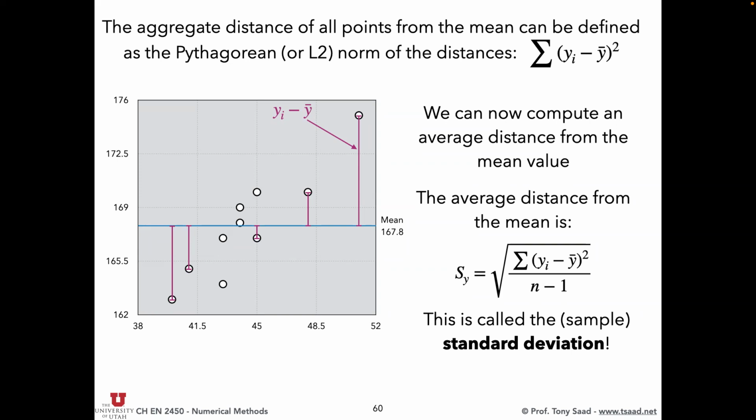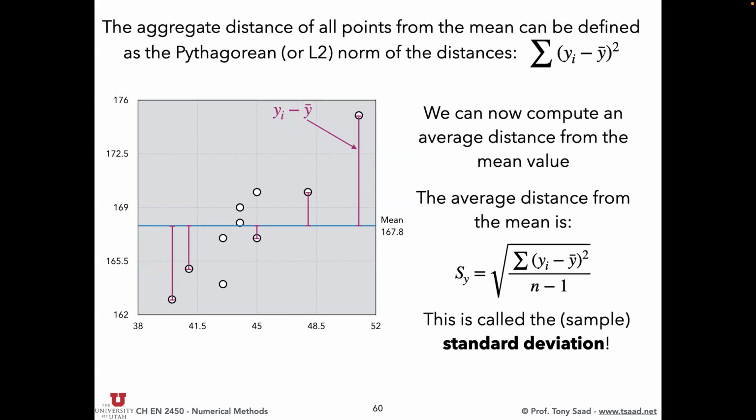If you've done some statistics, when you think about the bell curve or the Gaussian distribution, you say, oh, 68% of the data falls within 1 standard deviation. That standard deviation is the average distance from the mean, and most of the data fall within that distance.